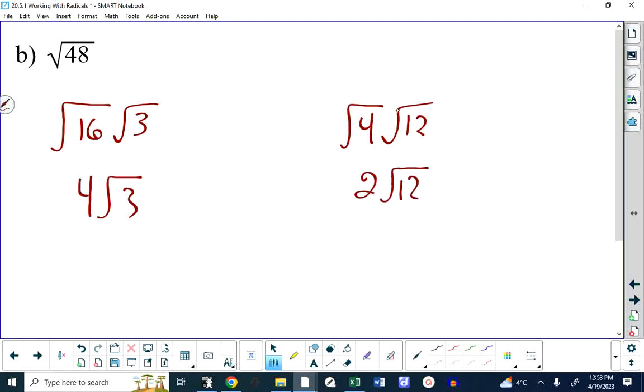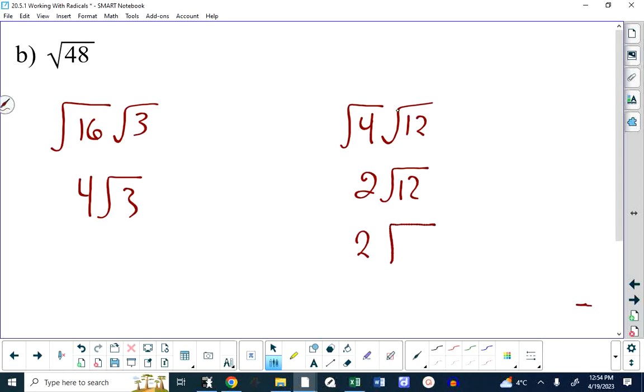All right, I'm going to pack up and go home. No, because what you're going to have to do all the time in this part of this unit is anytime you think you're done, look at any radicals that are there and ask yourself if you can do it again. Is there a number that divides into 12? 4 again. So this 2 is just coming along for the ride. It's part of the number.